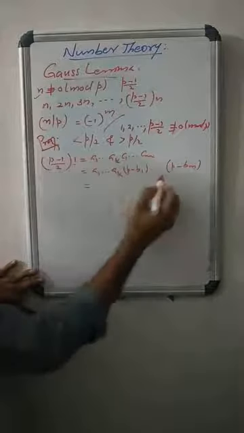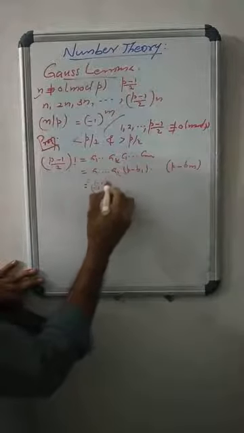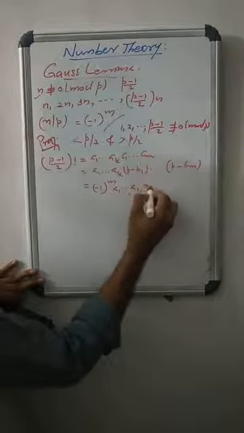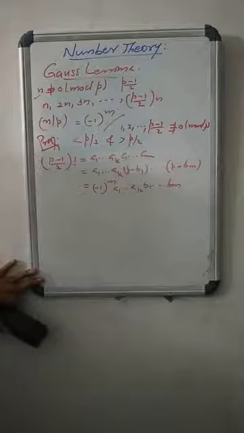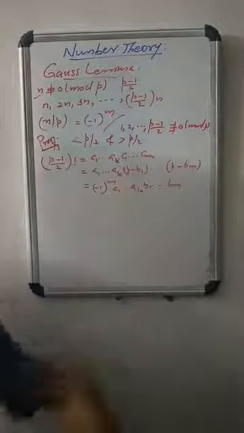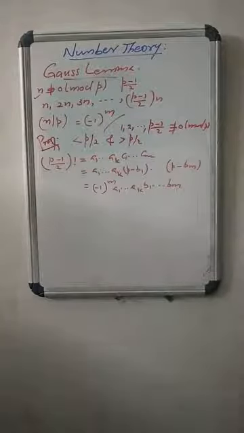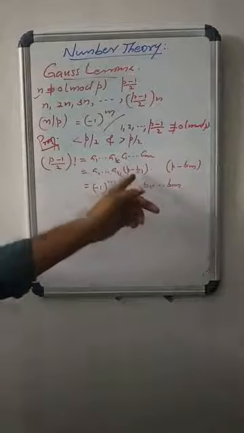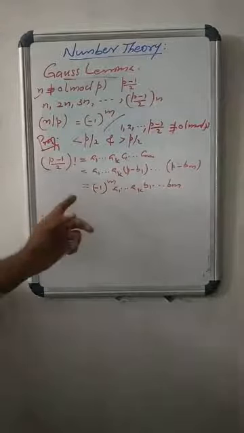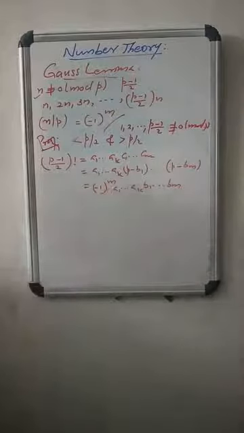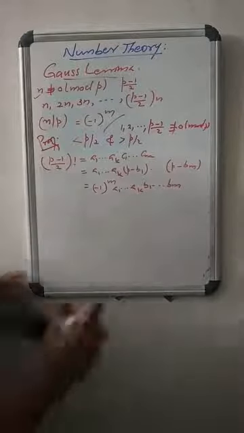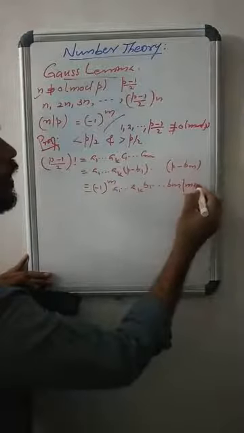Then multiplying, what do you get? It is minus 1 power m into A1 etc. AK into B1 etc. Bm. If you open these brackets, P minus B1 etc. into P minus Bm, all the terms except the last one consist of the term P. So all of them are divisible by P. So it is minus 1 power m A1 etc. AK into B1 etc. Bm mod P. Okay, mod P.